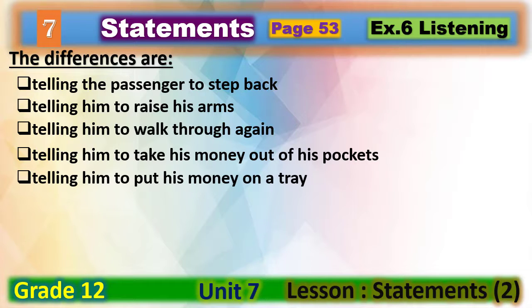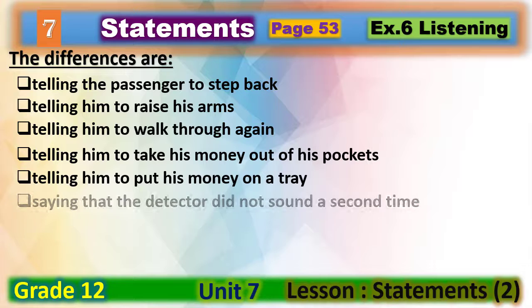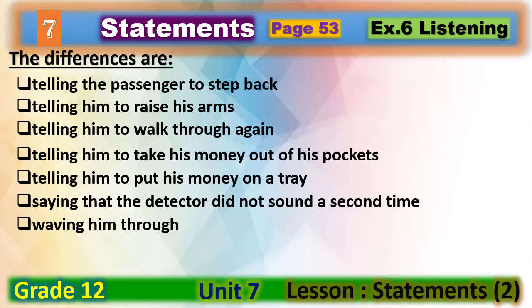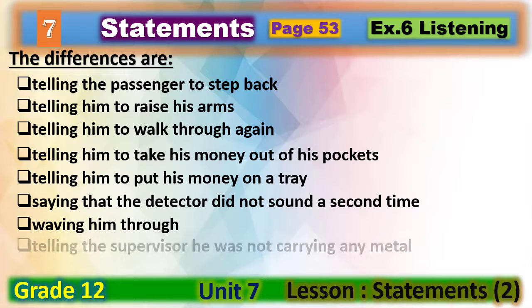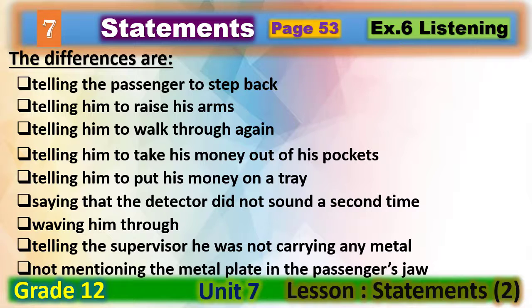Telling him to put his money on a tray. Saying that the detector didn't sound a second time. Waving him through. Telling the supervisor he wasn't carrying any metal. Not mentioning the metal plate in the passenger's jaw.